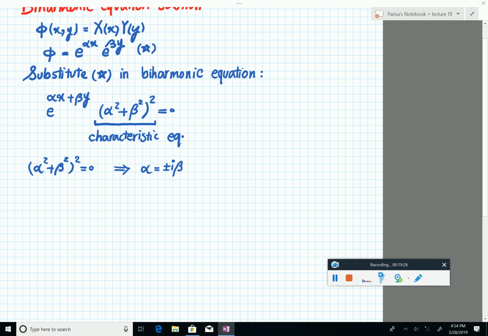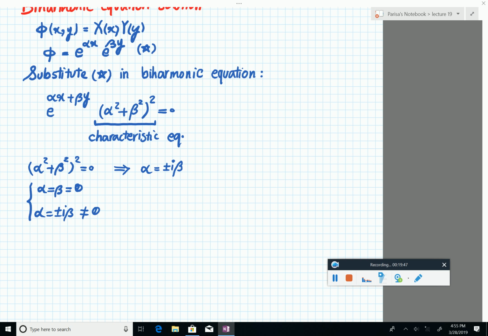Let's consider two cases. So if we have alpha equal to beta equal to 0, and then we have a case where this is the relationship, and they're not necessarily zero.